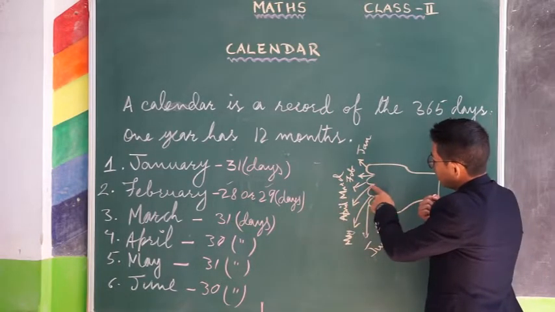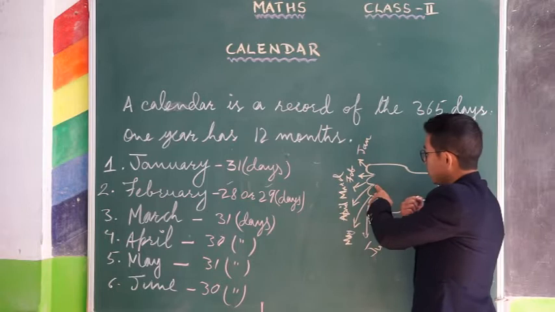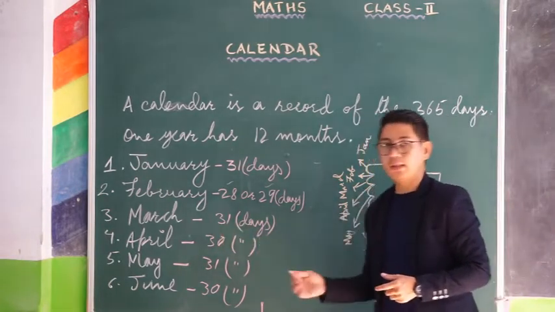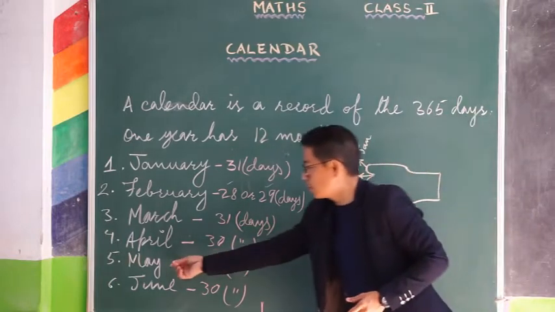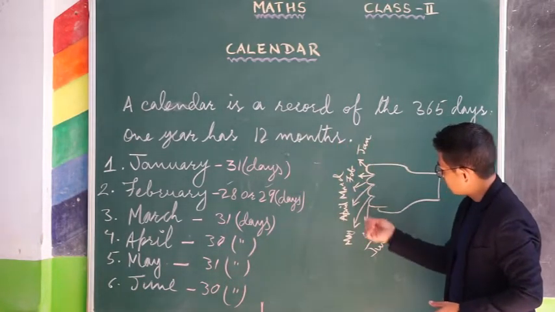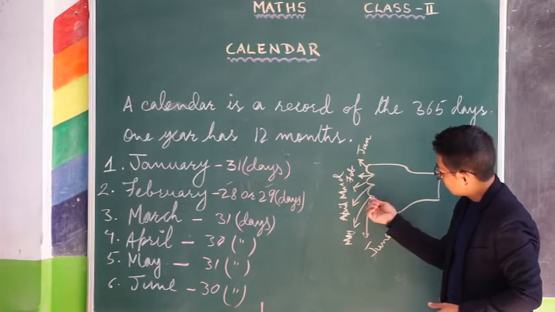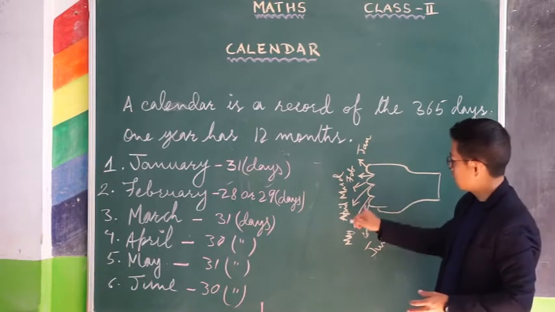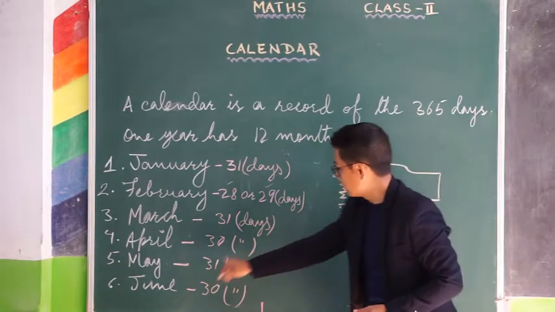Now April, you can see in the middle, isn't it? So downwards. So April, you can see 30. Now which month? May. May is at top, knuckles. Sorry. May at knuckles means top. So this is also May 31.